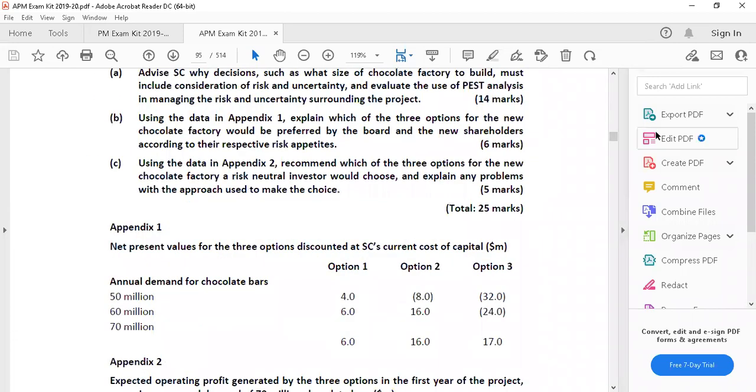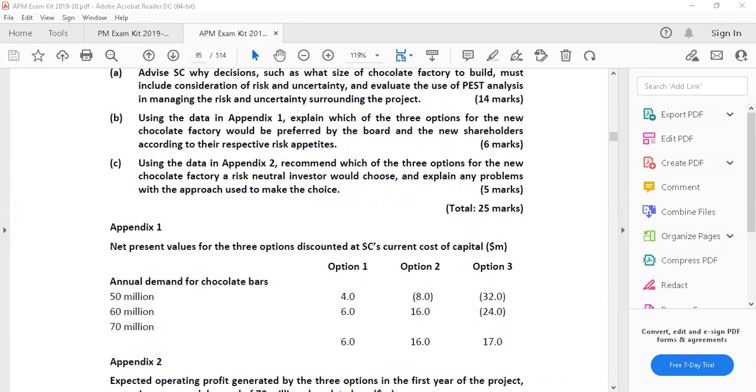The requirements are the use of PEST analysis is one thing. Then it talks about, based on this, what's the risk appetite of the investors, and then there's something again to do with what are the three new options a risk neutral investor would choose.